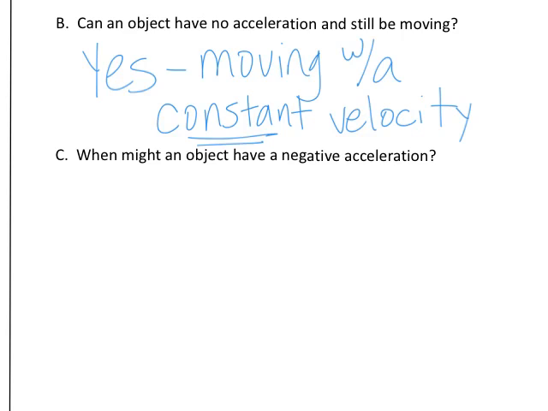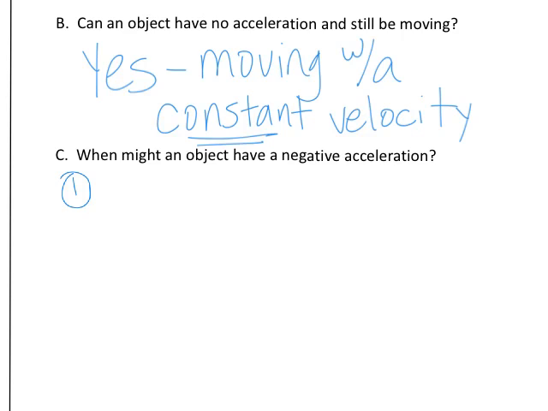Now for the next question. When do you think an object might have a negative acceleration? We actually have two answers for this one. First, remember that acceleration is a vector quantity. So what that means is the direction is important.